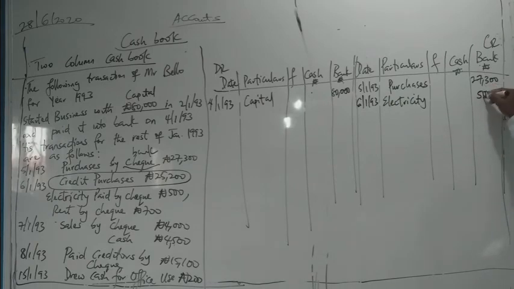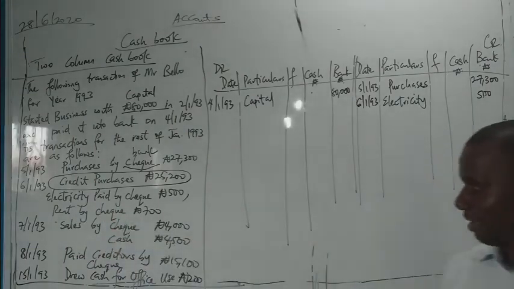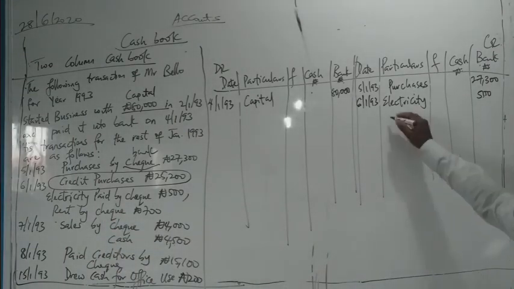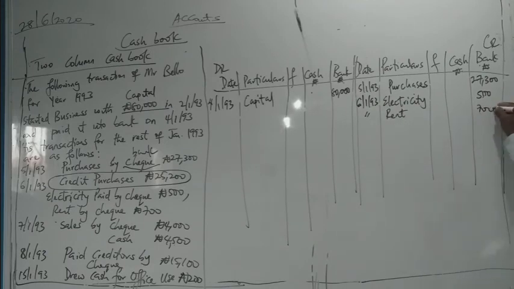So we'll record that 500 naira. Then, still on the 6th, he also paid rent by check. How much? 700 naira. We'll still come under it. Rent, 700 naira, still by check.